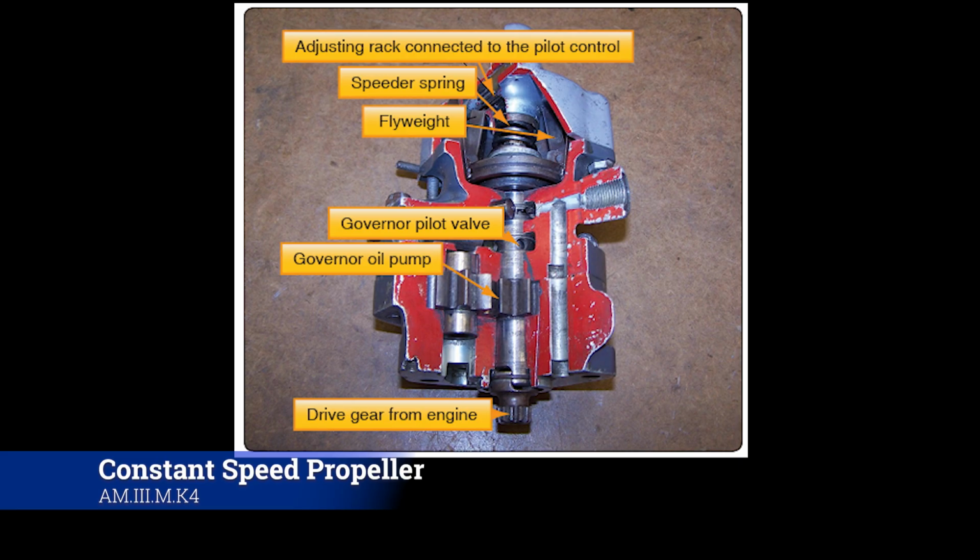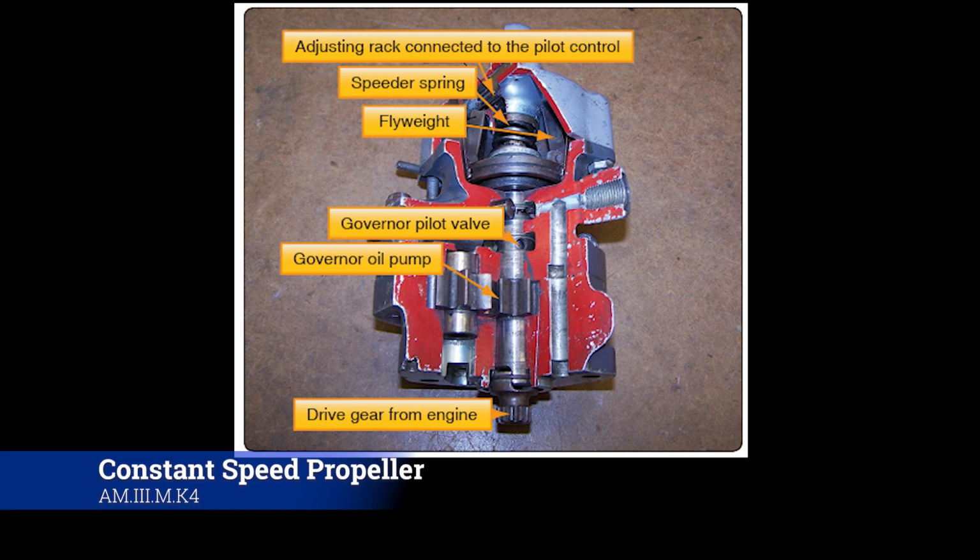And then you have the oil pump that actually produces the oil that's going to push on that hydraulic cylinder. It's going to make this whole thing work. And then at the very bottom you have a direct gear drive from the engine, so it basically attaches directly to the engine and operates that way.